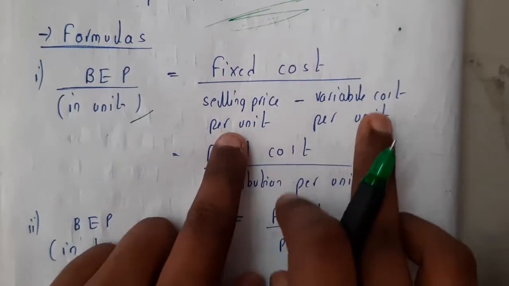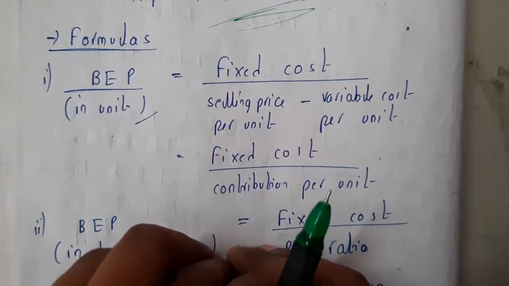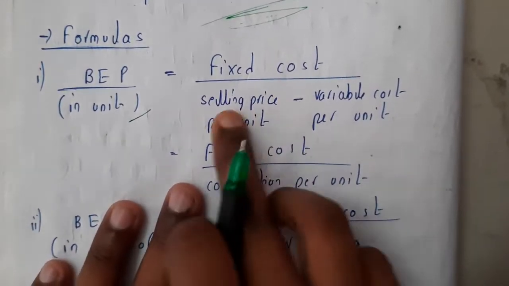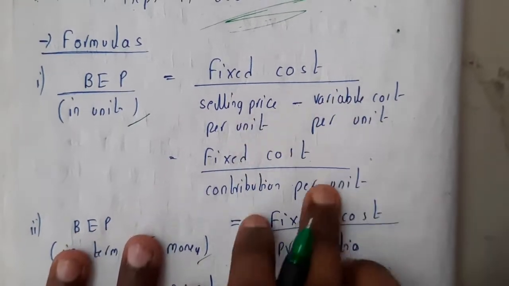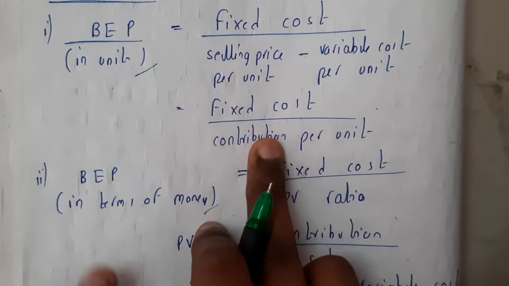The subtraction, selling price minus variable cost, is the contribution per unit. Please remember the formulas, because just by applying formulas you can get 5 to 10 marks in a theoretical exam. So this is BEP, the break-even point, in units.